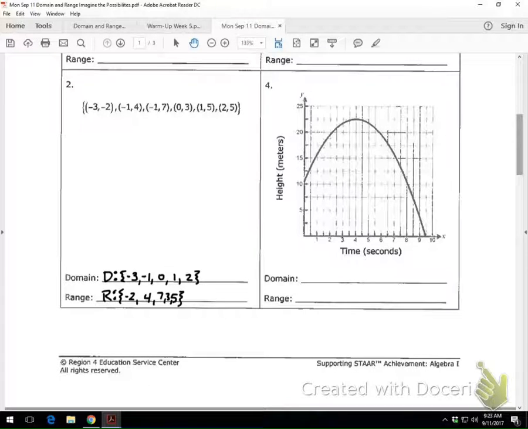This one's the tough one. Okay? First of all, continuous or discrete? Continuous. Okay, so now we're going to write it: number less than or equal to x, less than or equal to number.